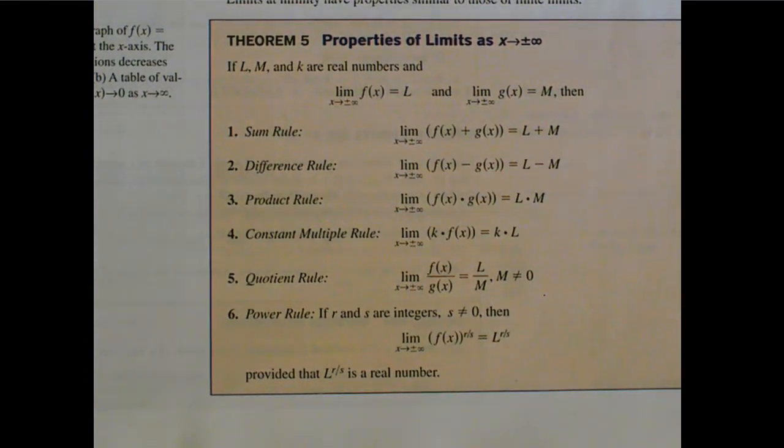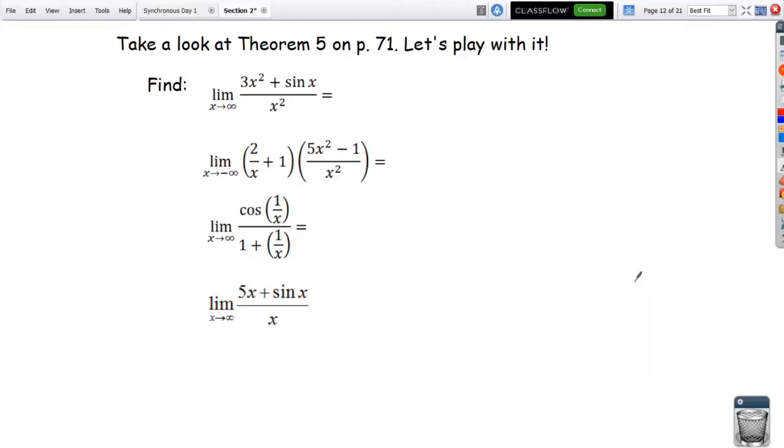Let me pull up some examples of limits. You might want to pause, get that theorem into your notes, but I'm putting this back up. Okay, cool. So we've got all these problems up here. Limit as x approaches infinity of 3x squared plus sine x over x squared. We can actually do this pretty easily.